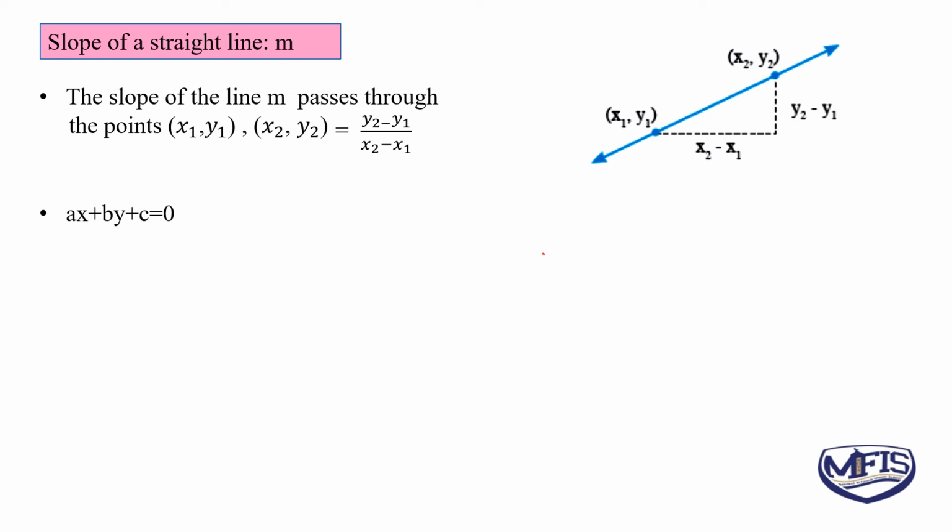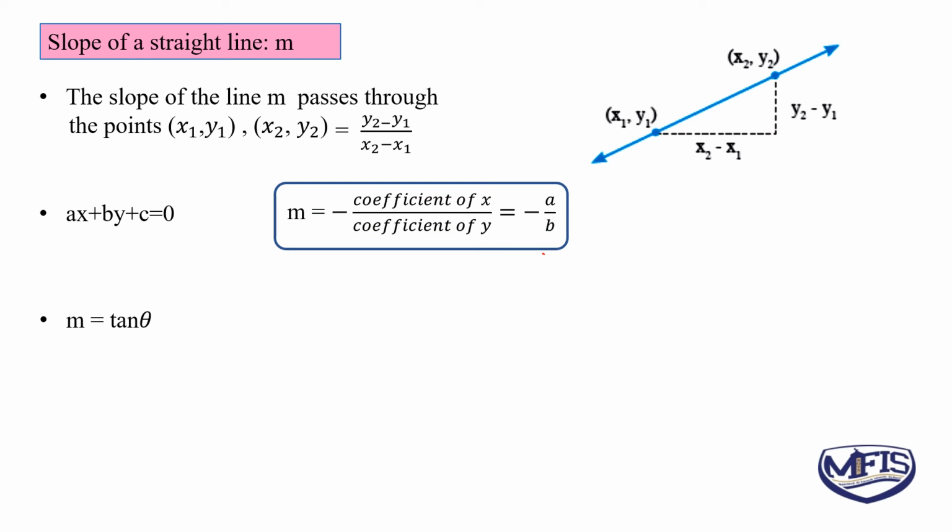If we need to find the slope and we have the equation ax plus by plus c equals 0, then the slope equals negative the coefficient of x over the coefficient of y, so m equals negative a over b.